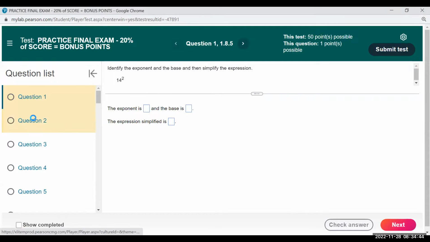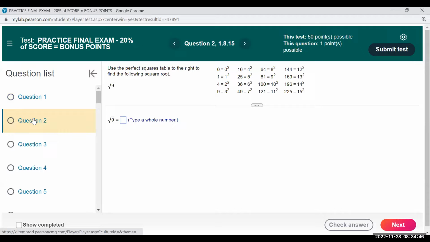All right, question number 2. Square root of 9 equals what? Yeah, because 9 is 3 squared. This is what this question is asking and telling you.